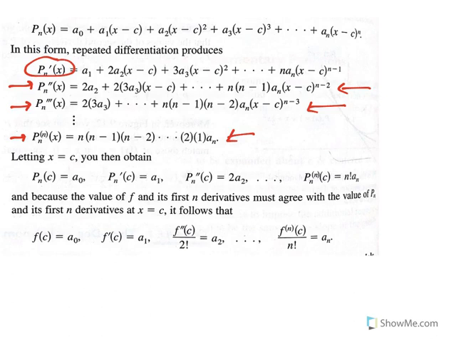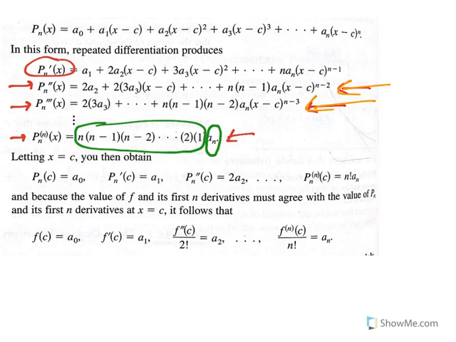So you may notice that the coefficient that we have here is actually n factorial. You have n times n minus 1 times n minus 2 all the way to 2 times 1. So that's n factorial. And in fact, that pattern is something that you can observe and see even in the earlier lines in our derivation here.